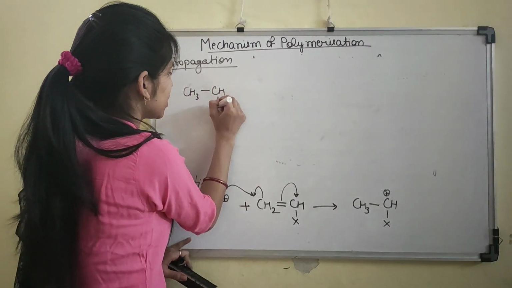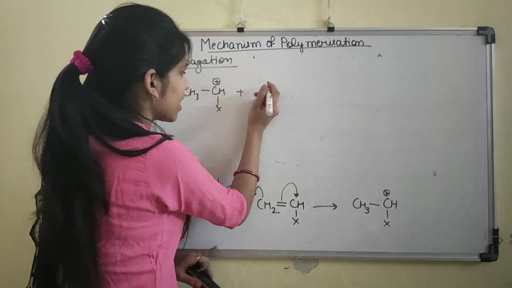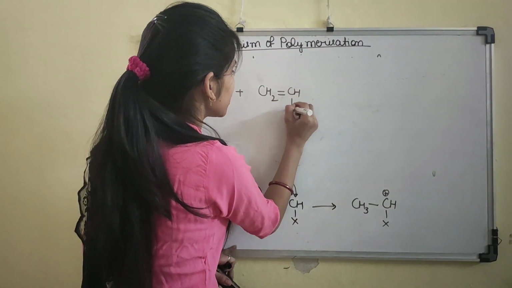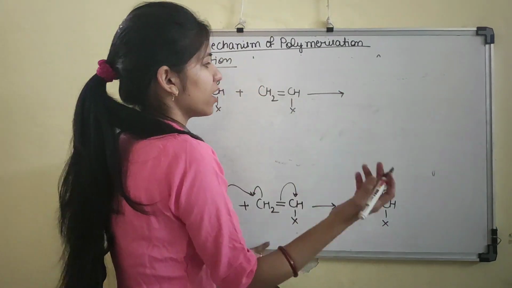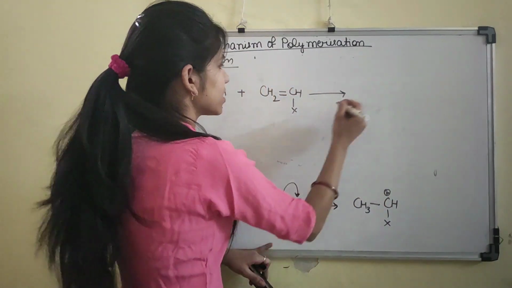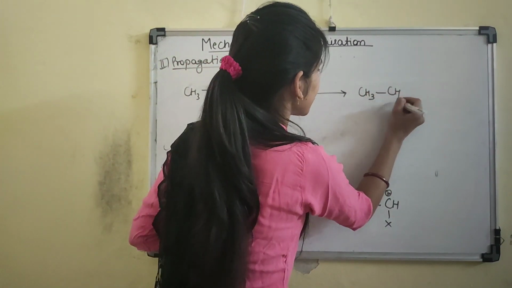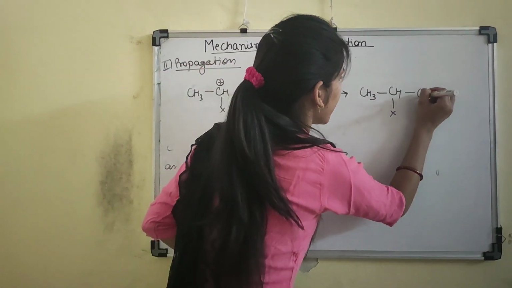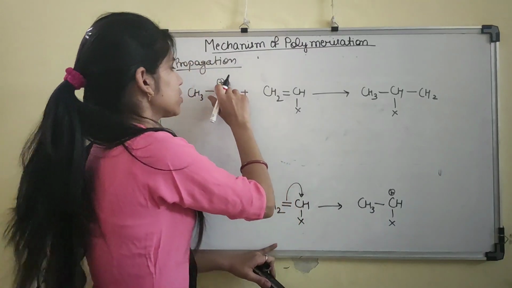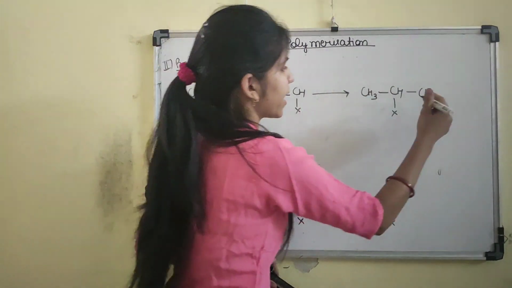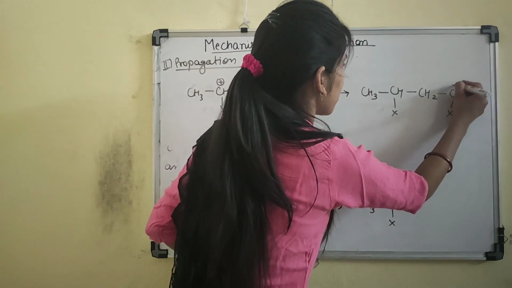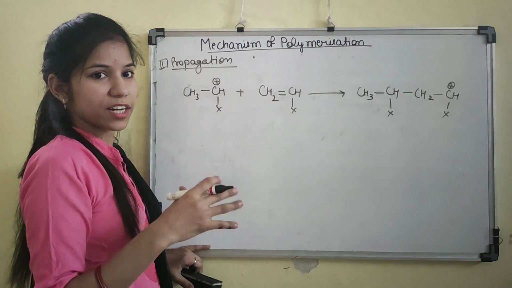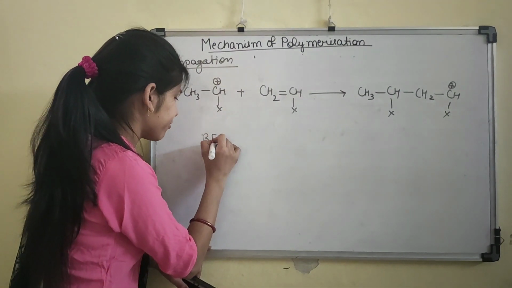CH3 CHX positive attacks the fresh monomer, that is CH2 double bond CHX, and they form a new carbonium ion, CH3 CHX, with a bond between these carbon atoms, and the positive charge shifts onto this carbon atom, CHX positive.